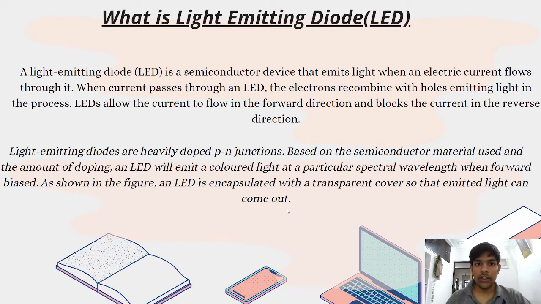About LED, LED stands for light emitting diode, is a device that emits light when current flows through it. LEDs are nothing but diodes which are heavily doped PN junctions, and as we all know, excitation occurs in the semiconductor from the valence band to the conduction band, and when the de-excitation occurs, the energy is released either in the form of heat or in the form of photons.